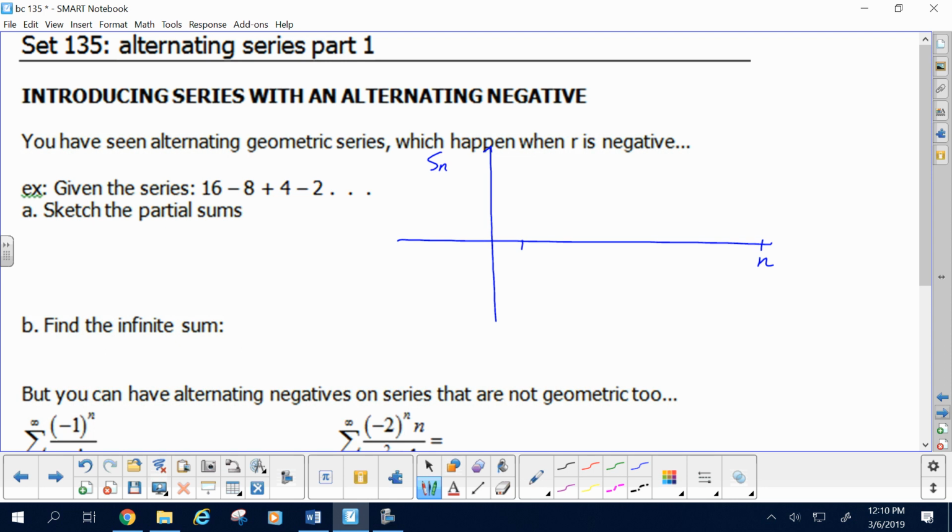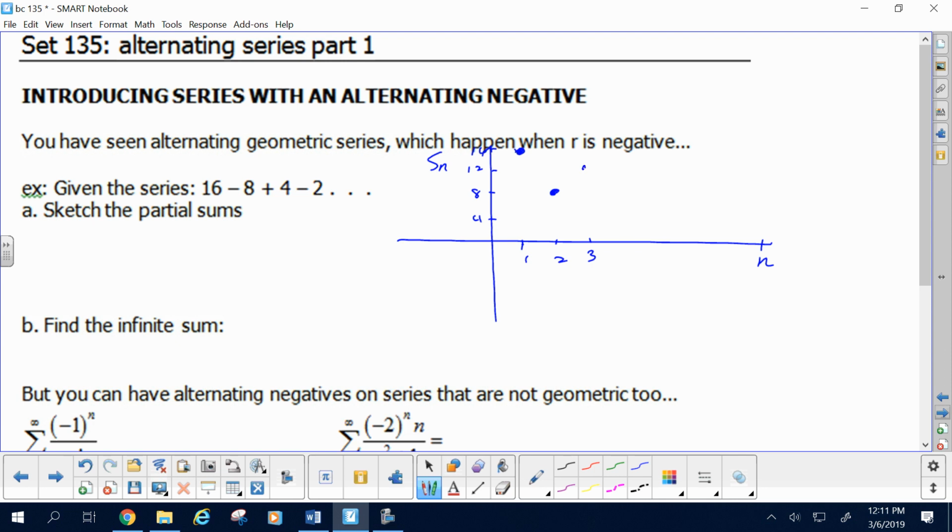Then the first partial sum is 16. Second partial sum is 8. Okay? Third partial sum is 16 minus 8 plus 4.